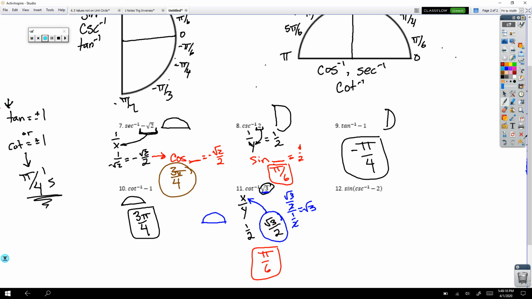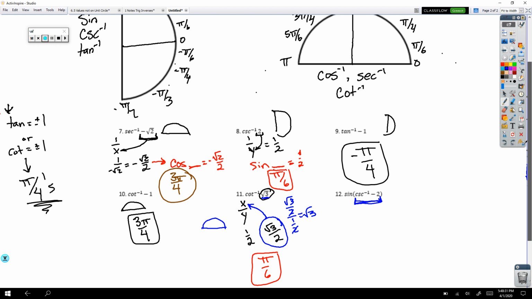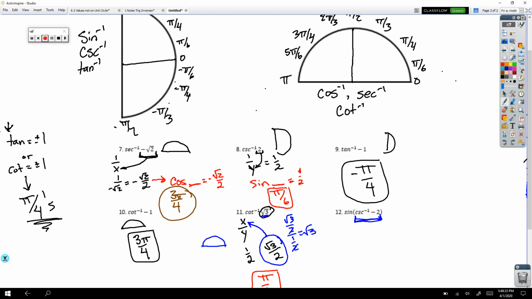Alright, now looking at composition, you can do that with these 4 trig functions as well. So again, we start on the inside. This time, the inside is an inverse function, so I have to figure out which half circle I'm using. Cosecant deals with my vertical half circle. So I'm looking at 1 over y.